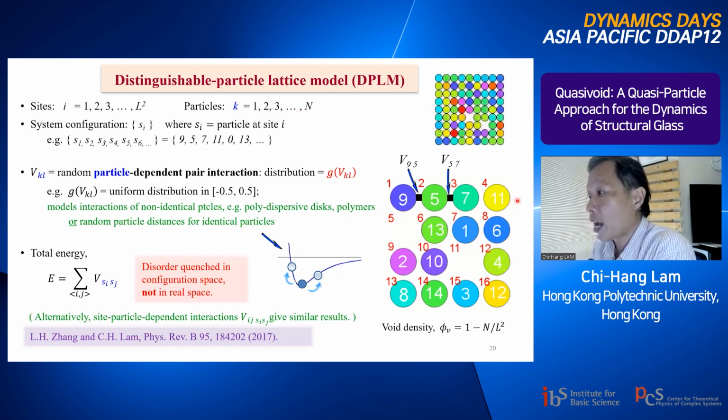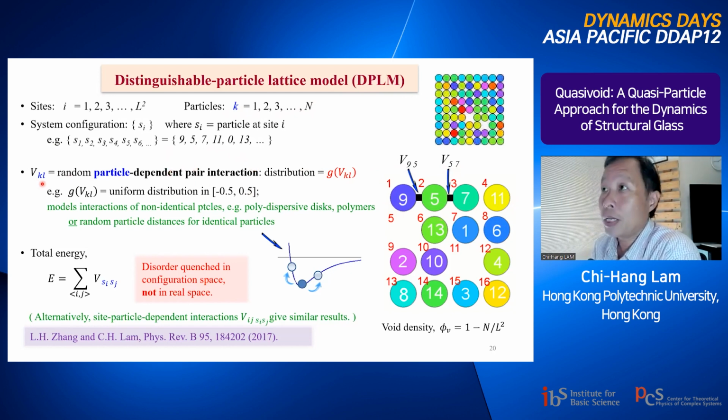This is a schematic diagram. For example, particle 9 and particle 5 are arranged like this, and then that gives the configuration of the system. And they interact with a pair interaction energy V95, and particles 5 and 7 interact with energy V57.